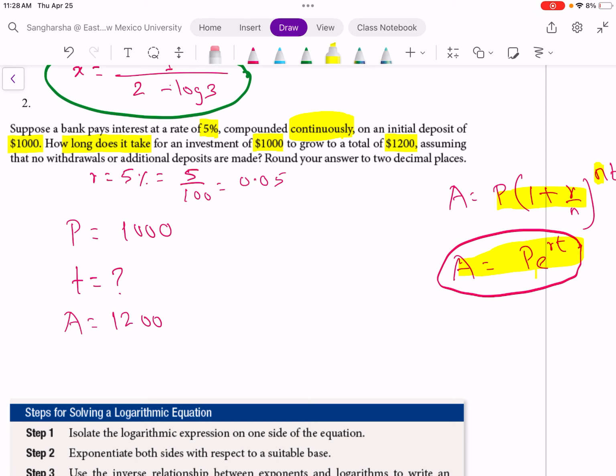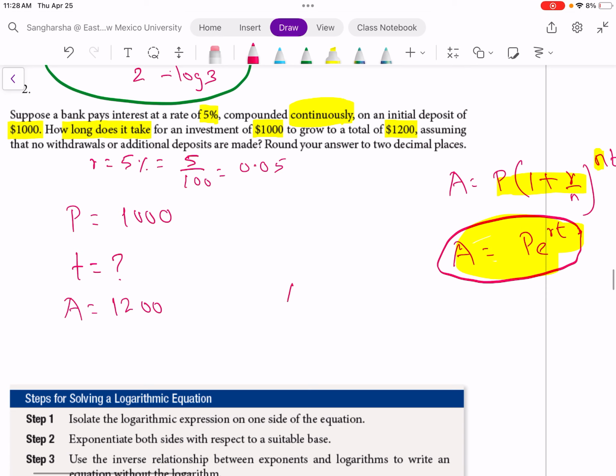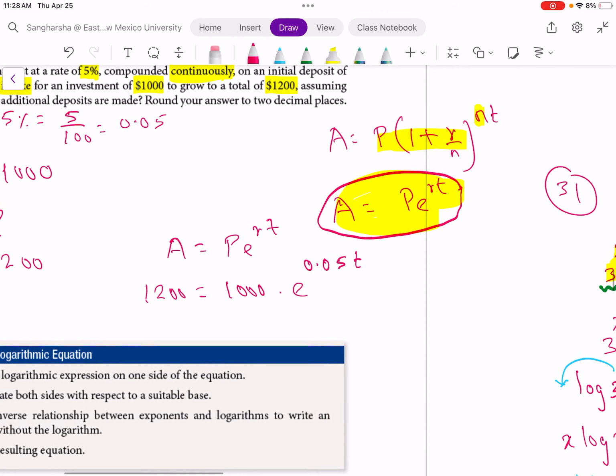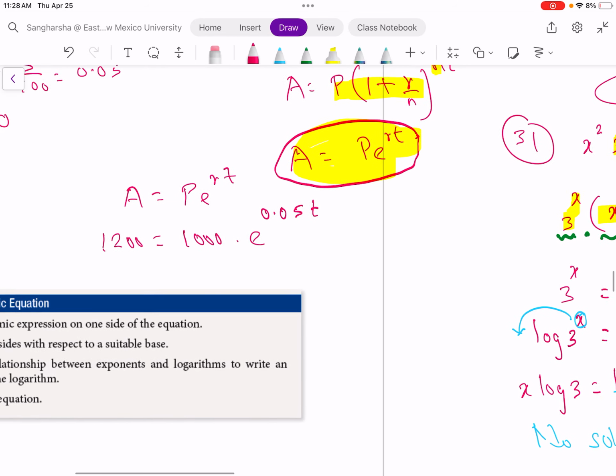We're going to use this exponential equation: A equals P times e to the power RT. Our A is 1200 equals P, which is 1000, times e to the power R, where R is 0.05, times T. We don't know what T is, so we need to find our T. Now, what would be our first step?